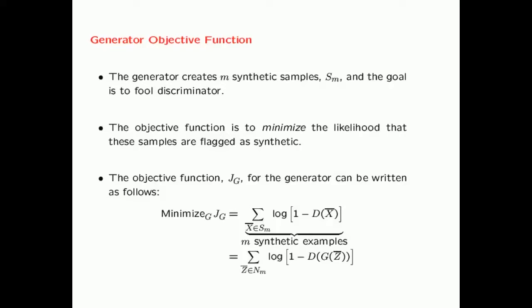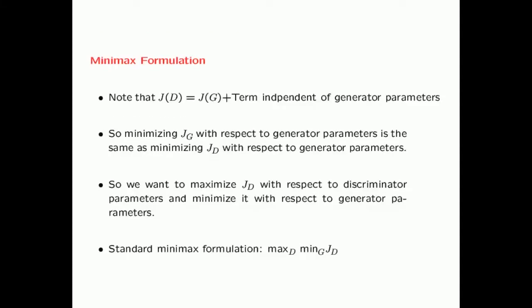But that doesn't really matter, because the real examples are independent of the parameters of the generator, since the generator is not generating the real examples. So you can write J_D equal to J_G plus a term independent of the generator parameters. Minimizing J_G with respect to the generator parameters is the same thing as minimizing J_D with respect to the generator parameters.